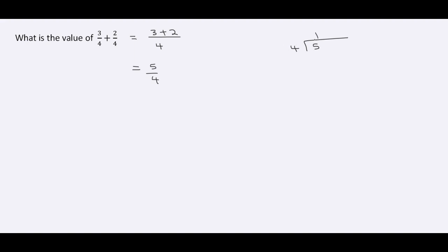We have just 1 because 4 times 1 is 4. 4 times 2 is 8. 5 is less than 8. So we're going to use 1. So 1 multiplied by 4, we have 4. 5 minus 4 is 1. So we're now left with 1. And then our remainder is 1. And our divisor is 4.